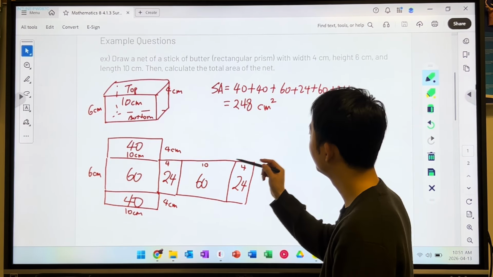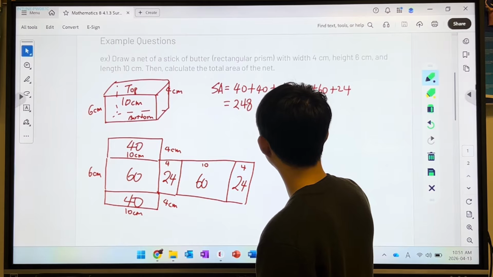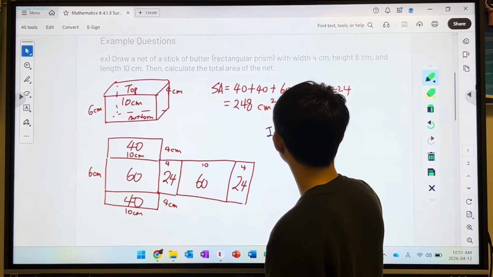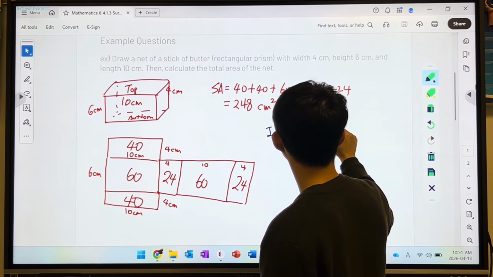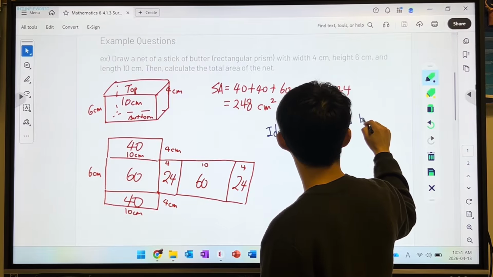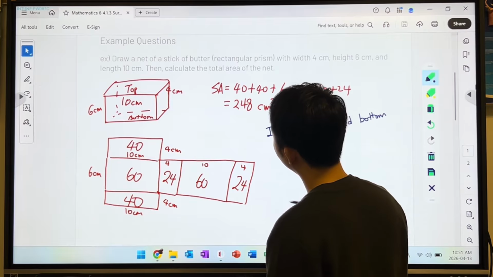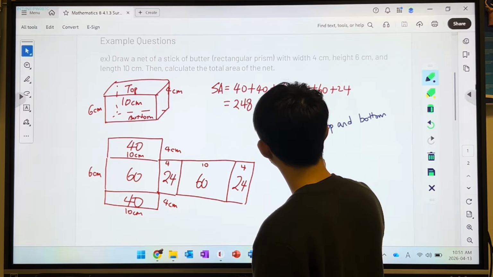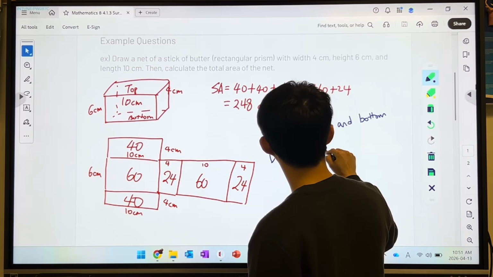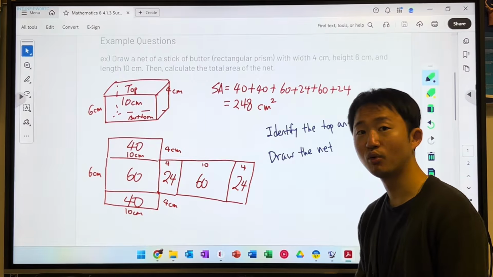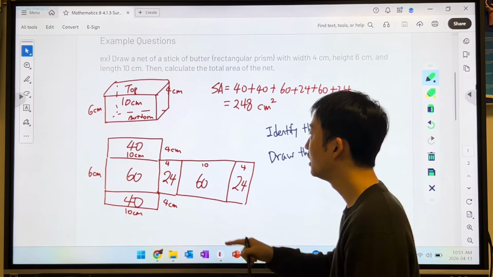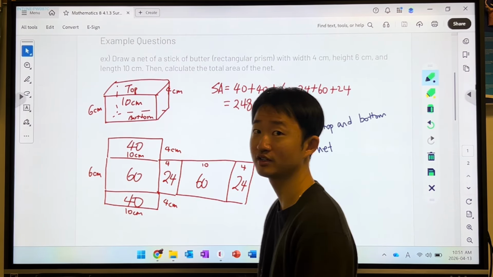So, first thing, we start off by identifying the top and bottom. And then we draw the net. And when we draw the net, it is important that we exactly label the length and width of each rectangular face.